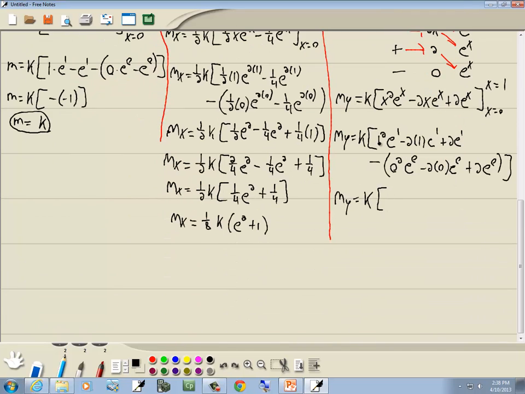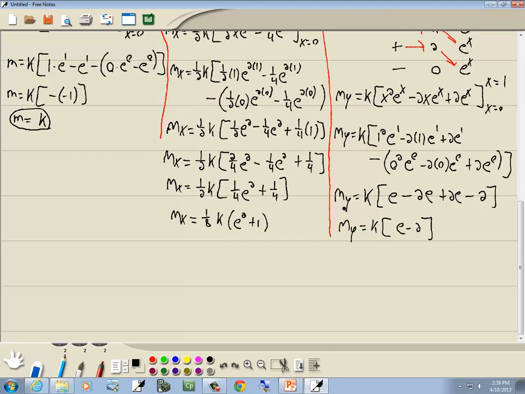So 1 squared is 1 times e is e, minus 2 times 1 is 2e, so minus 2e plus 2e, minus, that drops away, that drops away. e to the 0 is 1, so this is 2. Negative 2e plus 2e cancels, and we got e minus 2. And that's our moment with respect to y.